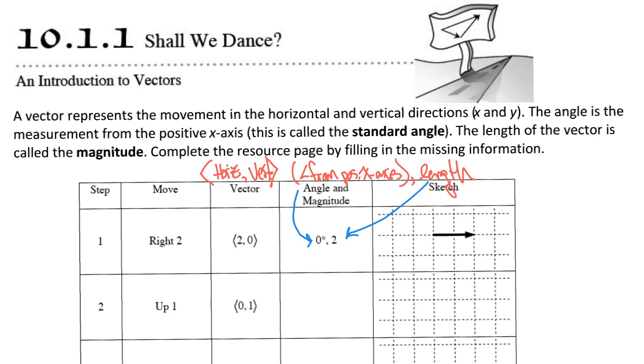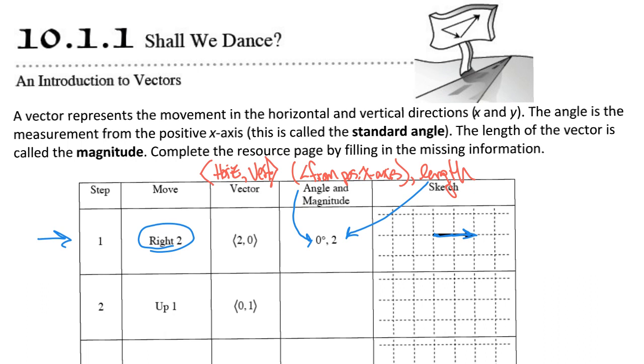Okay, and let's just look at it. It says step 1, we're going to move 2 units to the right. So bam, bam, 2 units to the right. Well, it gave us direction and how far to go. Okay, let's take a look at the second one. It says 1 unit up.